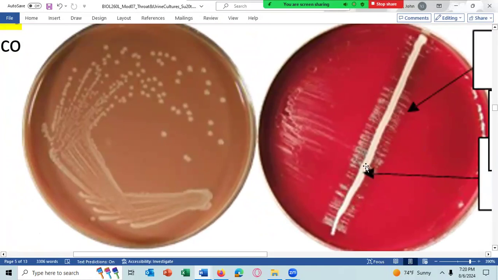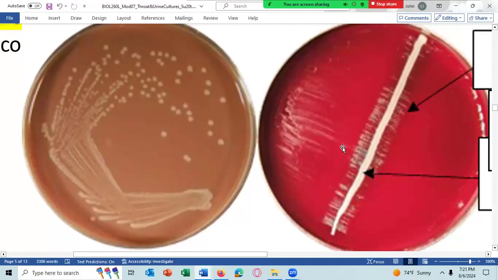And what happens is the Staphylococcus aureus is lysing the red blood cells, and then the chemicals from the red blood cells are diffusing out from this zone of hemolysis out to here.